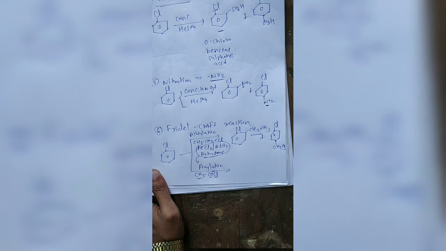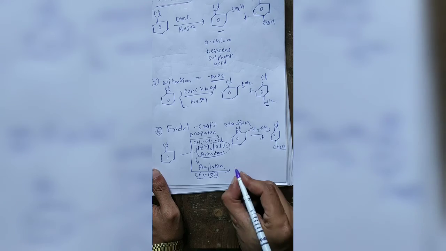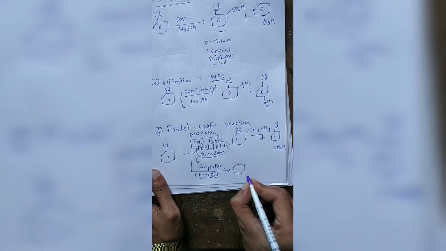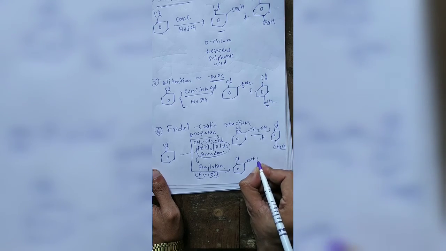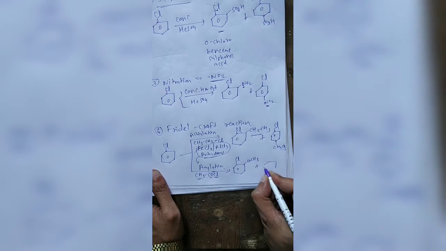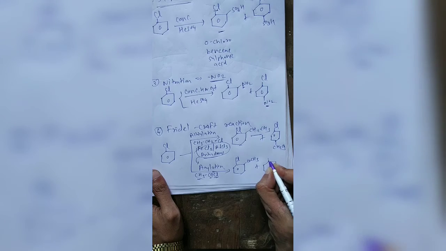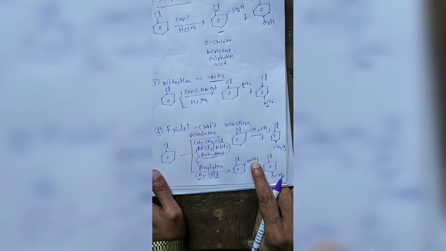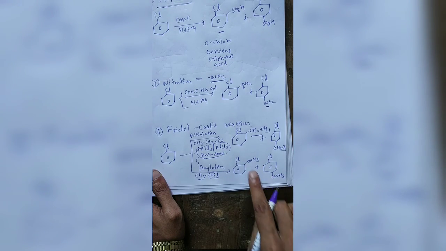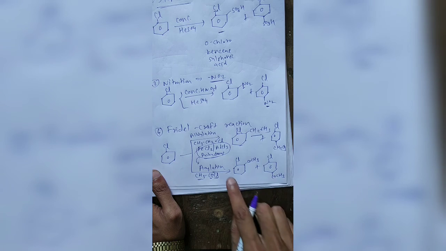Anhydrous means free from moisture. If we take that as catalyst, the product will be like this. COCH3 will enter on the ortho position as well as on the para position. This is our product.